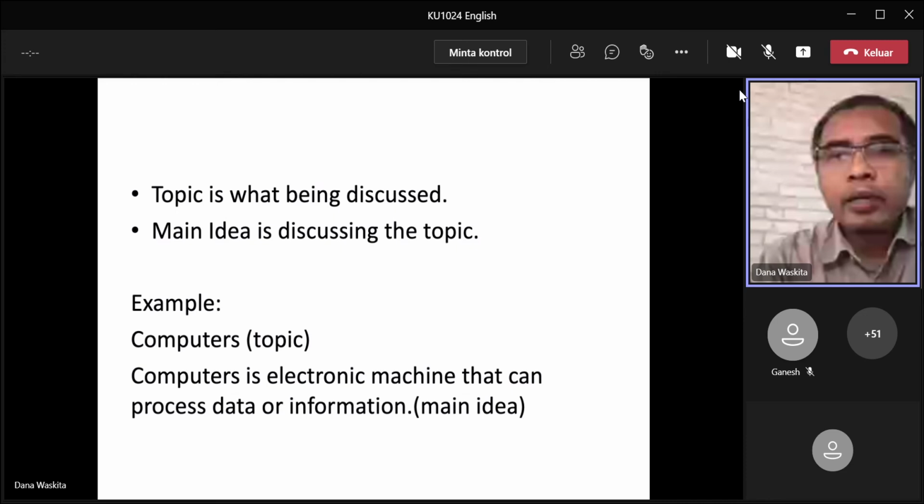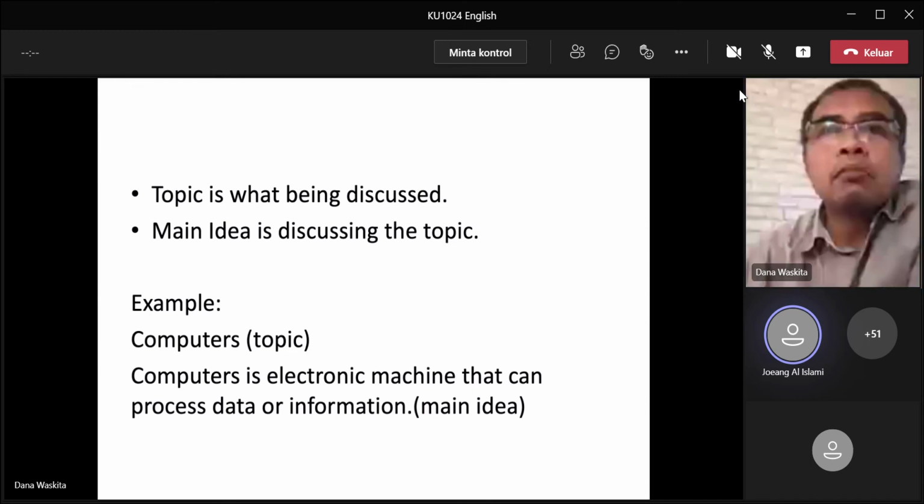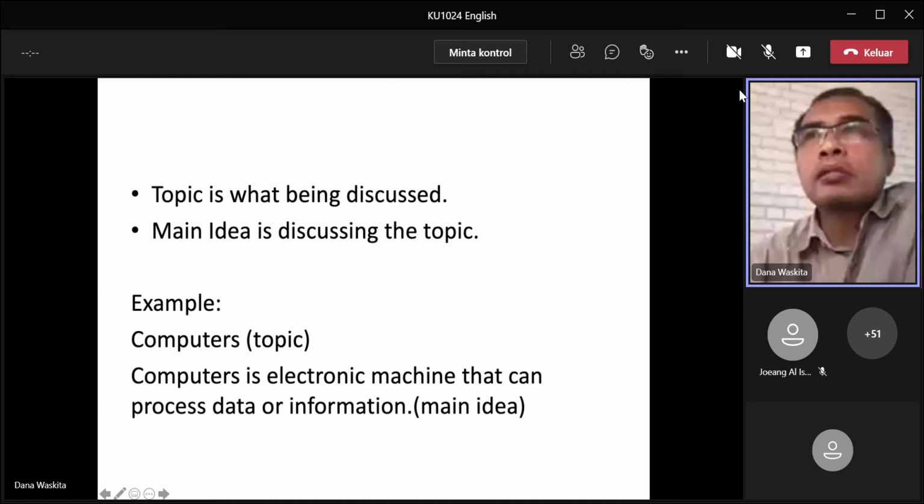Now, let's turn to paragraph. Can anyone have an idea what a paragraph is? I think a paragraph is sentences that have one main idea, supporting sentences, and also the conclusion. Okay. A paragraph is a group of sentences that has a main idea.